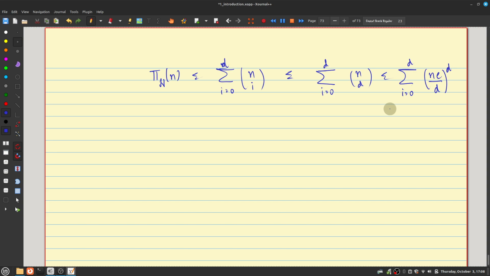So let's look at n choose i. Suppose that n is at least 2 times d, right? Then what kind of a function is n choose i? How does it grow with i?